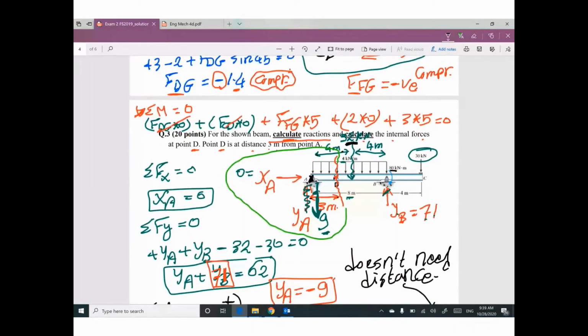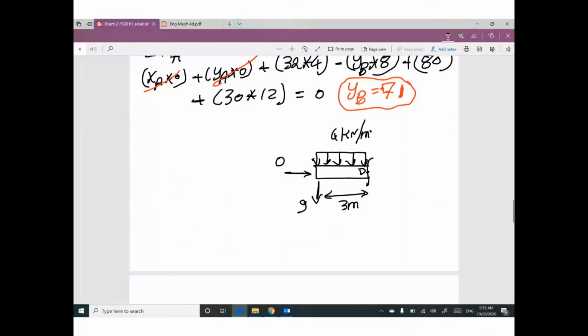At your cut, we have normal, we have shear, we have moment. This normal will make tension. This shear will make this part of the beam rotate clockwise. This moment will make this part smile.